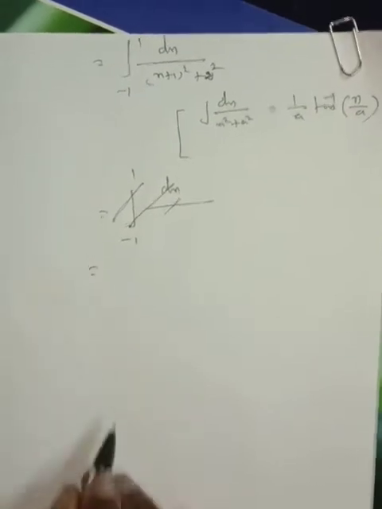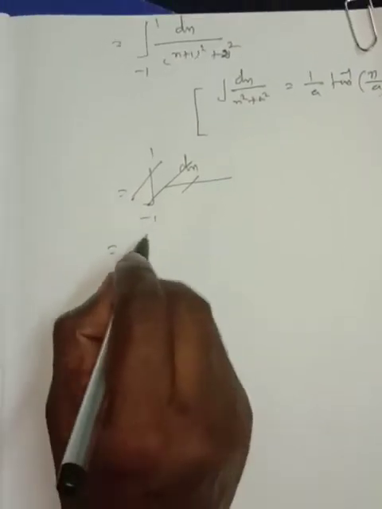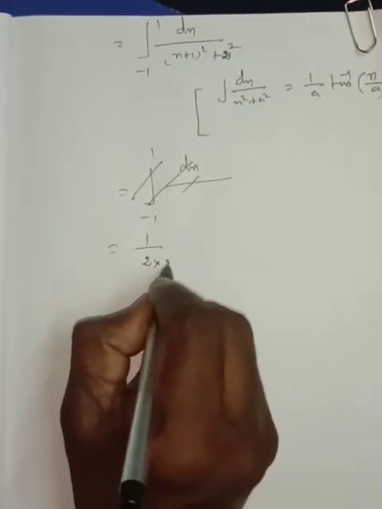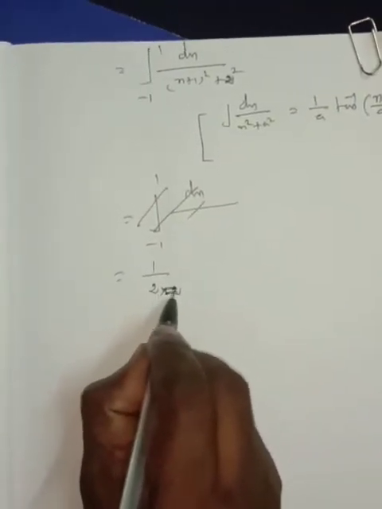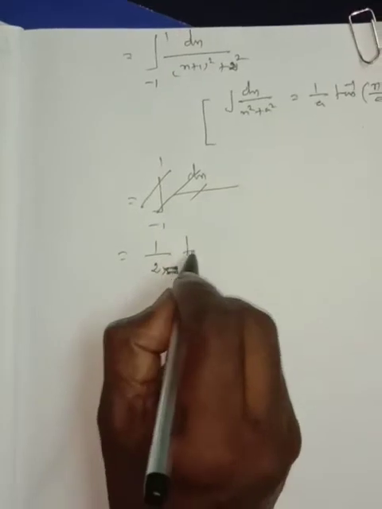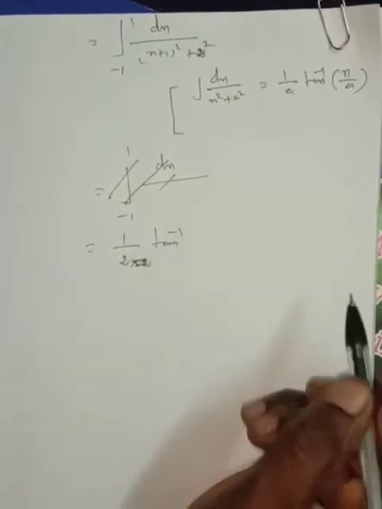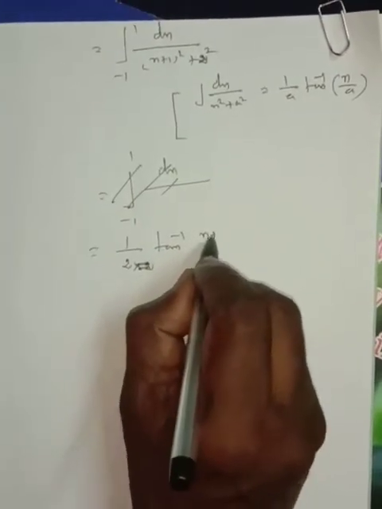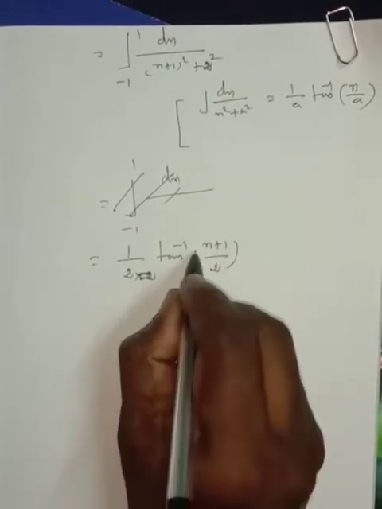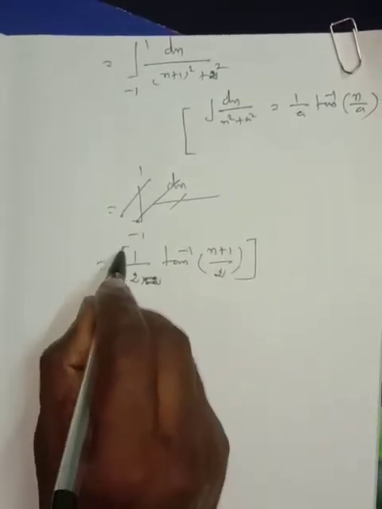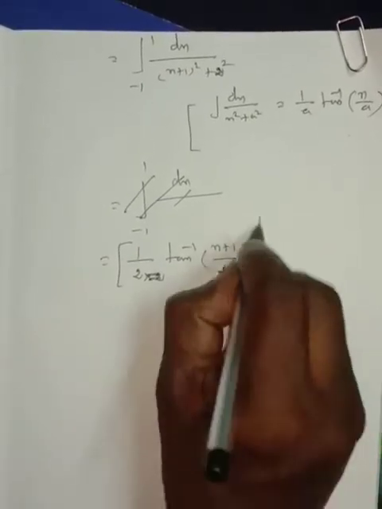Here it is 1 by a, therefore 1 by 2 tan inverse of x by a, where x is x plus 1, divided by 2, taken over the limit minus 1 to plus 1.